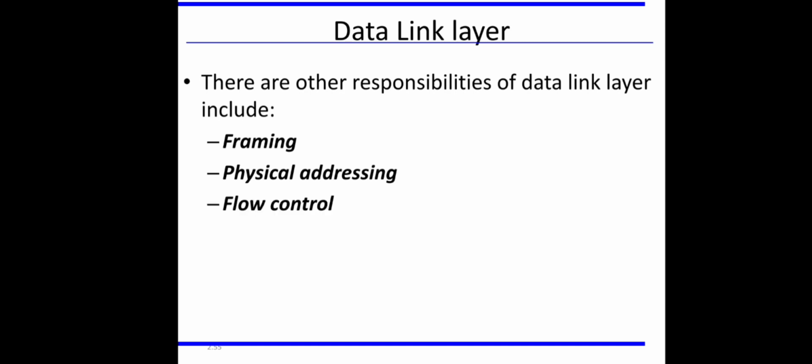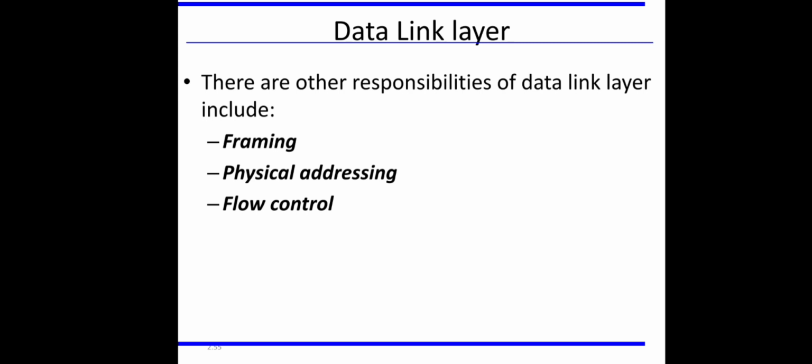Now the next functionality is flow control. In the case of hop-to-hop delivery, the node at one end and the node at the other end may be of different speeds. If the rate at which data are absorbed by the receiver is less than the rate at which data are produced by the sender, some data packets may be lost because of insufficient buffer capacity at the receiver.